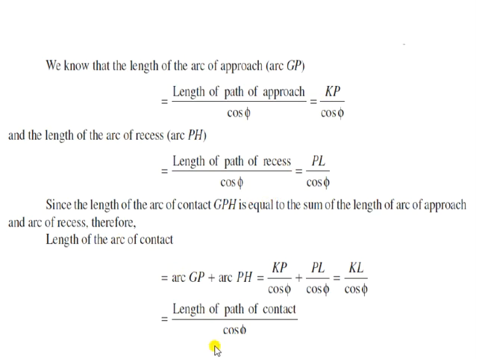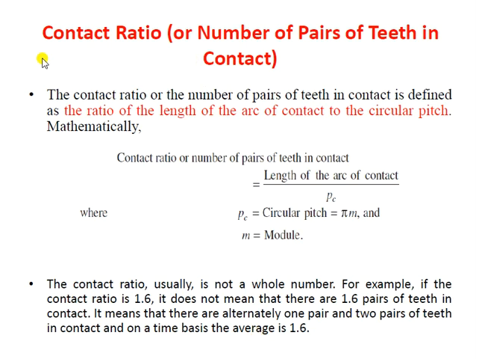Length of arc of contact is equal to length of path of contact divided by cos phi, and from length of arc of contact we can get contact ratio by this formula, which is contact ratio equal to length of the arc of contact divided by circular pitch. So from path of contact we can get arc of contact, and from arc of contact we can get contact ratio. That was not that important, but the thing which is required to explain is here.